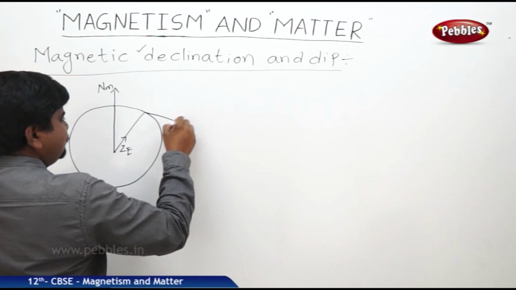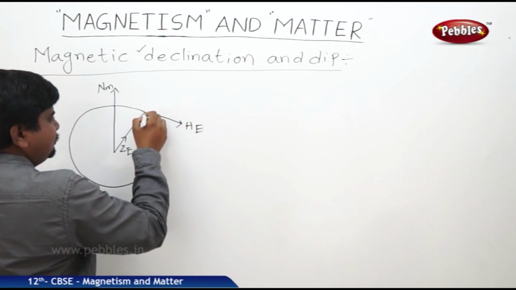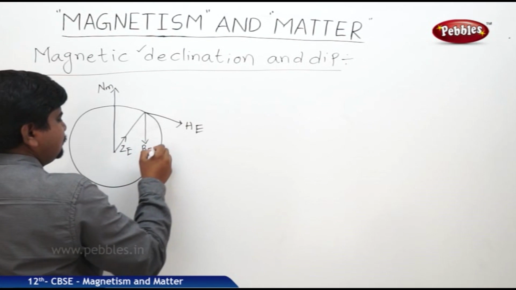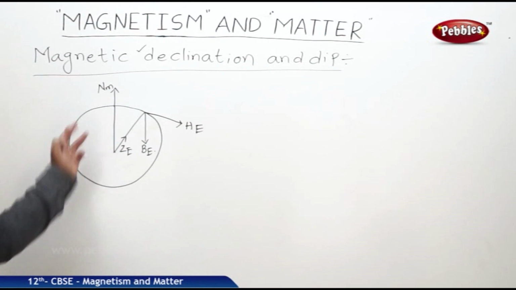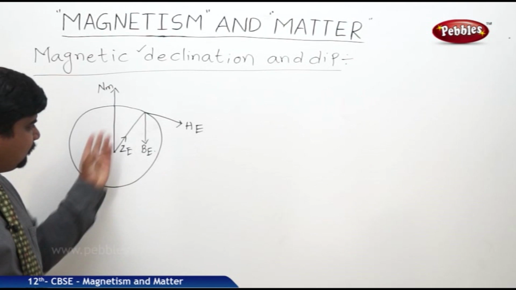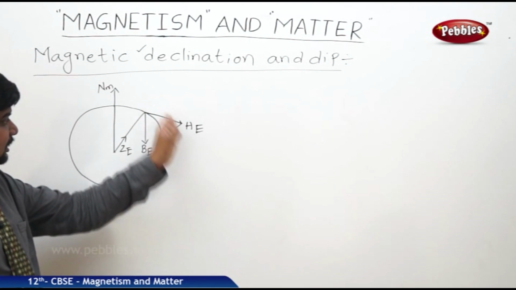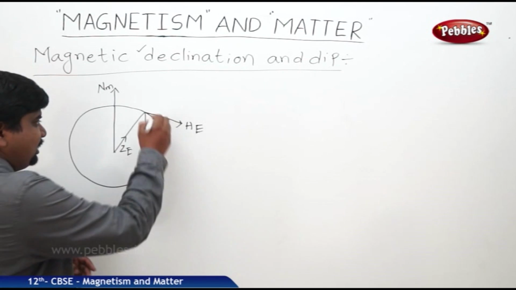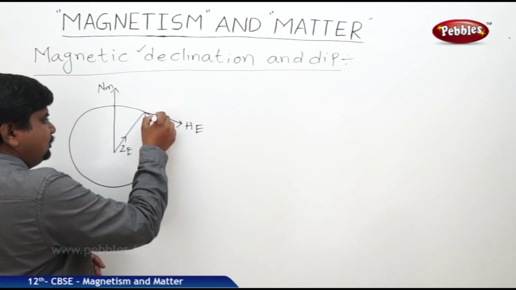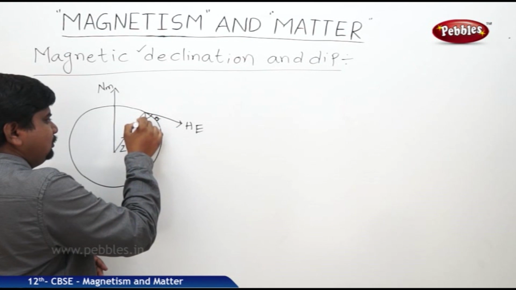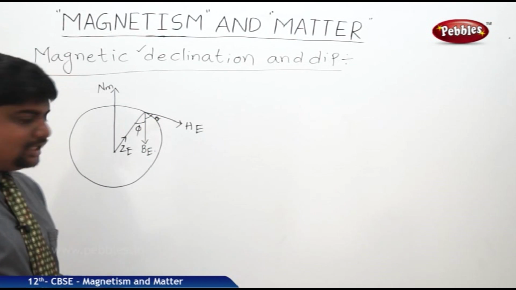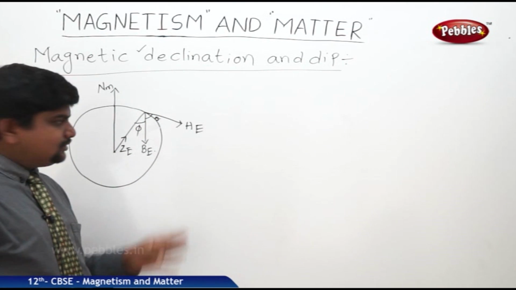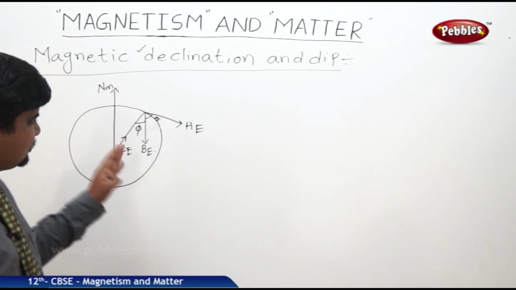This will be HE. This is the resultant BE. So ZE and BE are opposite to each other. ZE and HE are in the same nature. So BE and HE are adjacent to each other with respect to the angle. Theta, phi. So we can write this one as vertical component as an inclination, this one as a declination. So like this, we can understand this concept.